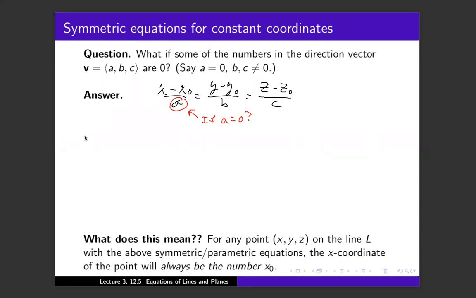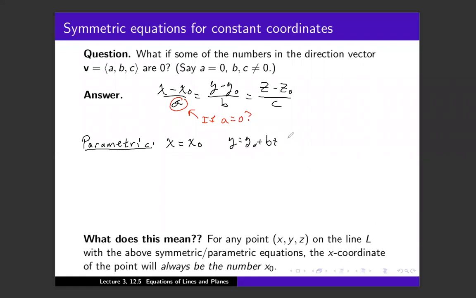Well, remember where these come from. The parametric equations are x is equal to x naught. Ordinarily, I would say plus at, but a is 0 in this case, so we're going to ignore that completely. I'm just going to erase that for simplicity. y equals y naught plus bt.